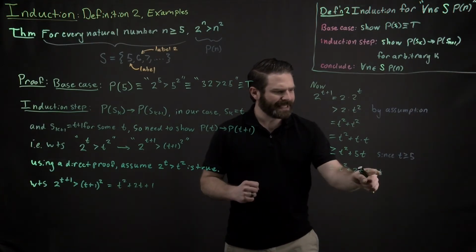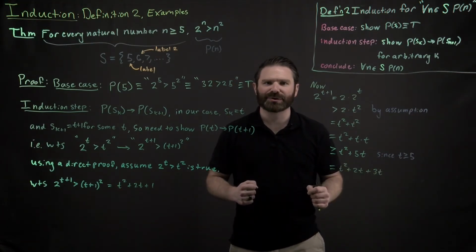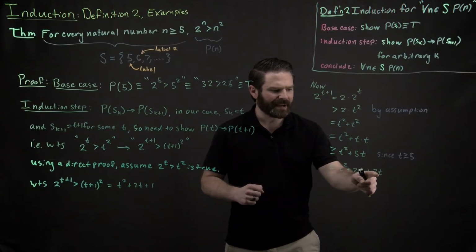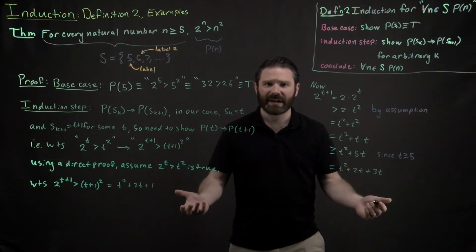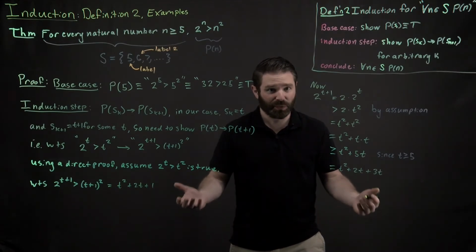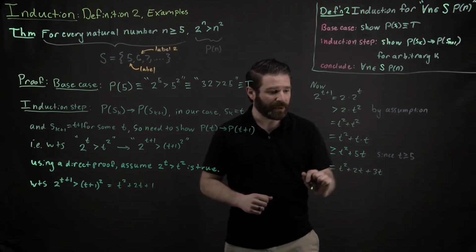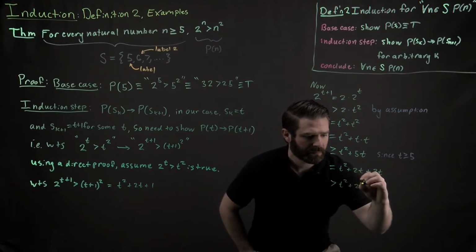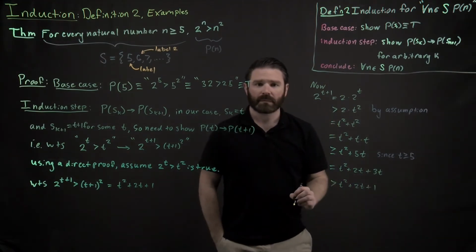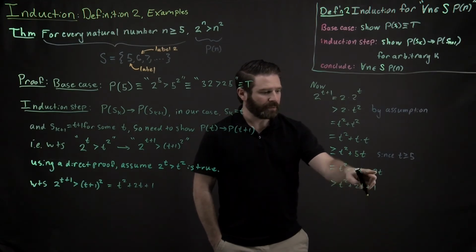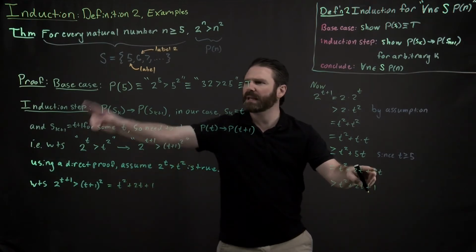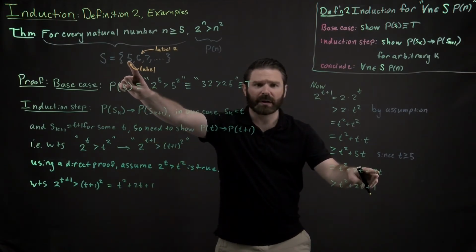Well, t, remember, is greater than or equal to 5. And so 3 times something greater than 5, that's definitely going to be greater than 1. So this expression is going to be greater than, if I replace that 3t with a 1, because the smallest 3t could be would be 3 times the first number.